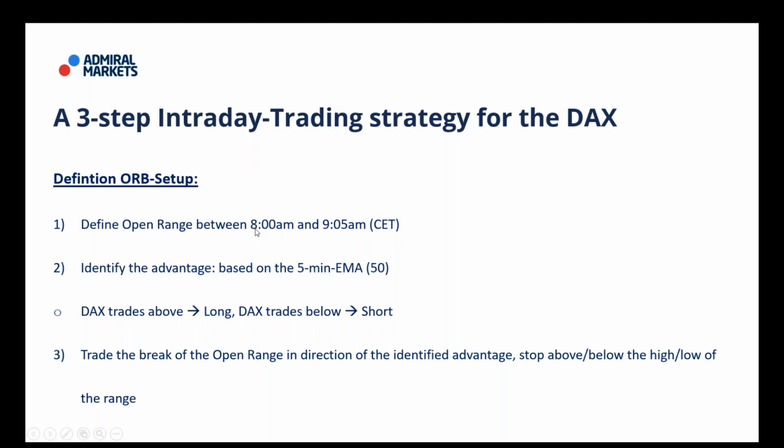So in this case, you can see that we're obviously working with another open range. Open range means nothing more than looking at a predefined time span in which the market marks a significant high and a significant low.